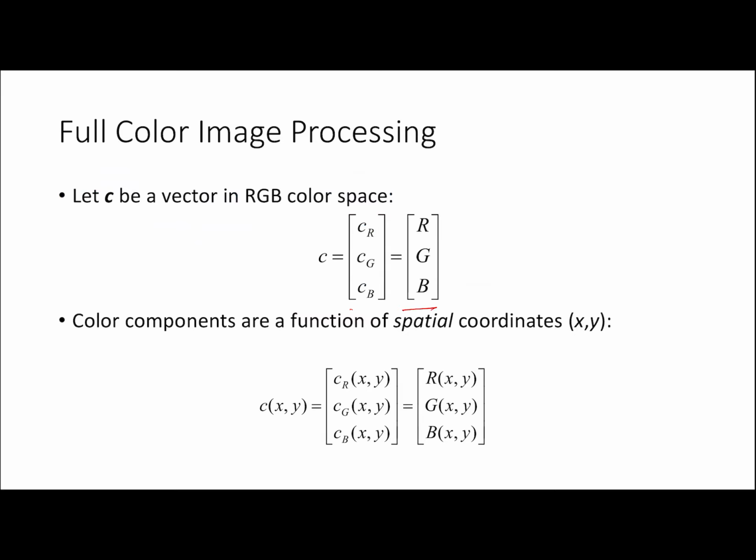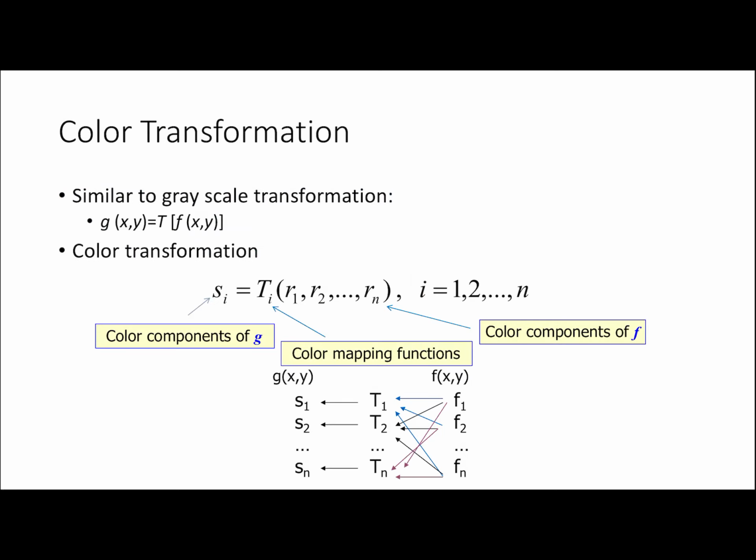Now we have two types of color processing techniques. The first kind of processing that we will consider is color transformation.